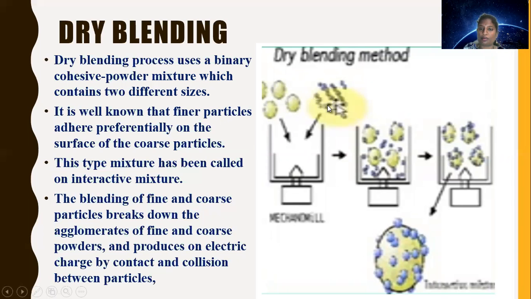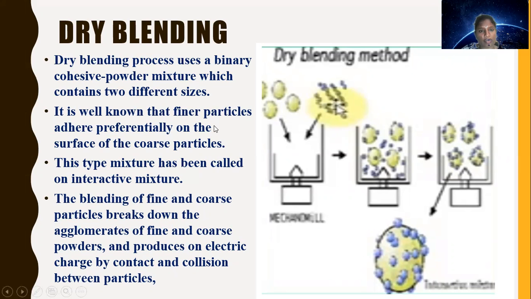The fine particles adhere to the coarse particles. In dry blending, we use a binary cohesive powder mixture, which contains two different sizes. Cohesive means same compound but different sizes we are mixing. Cohesion is nothing but the attraction between the two compounds.